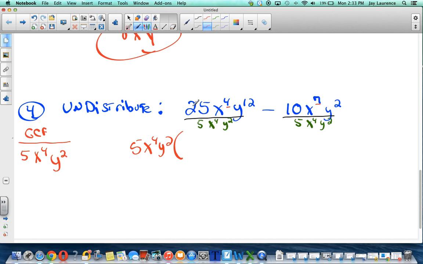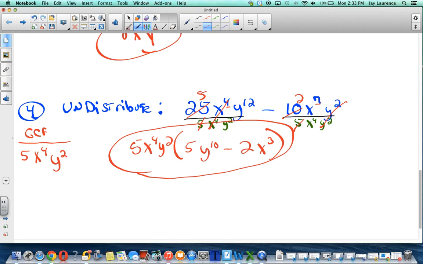So up here, 25 divided by 5 is going to be 5. The x to the 4th cancel. y to the 12th over y squared will be y to the 10th. 10 divided by 5 is 2, right? The y squareds cancel. x to the 7th over x to the 4th will be an x cubed. And there you go. Pretty simple stuff.